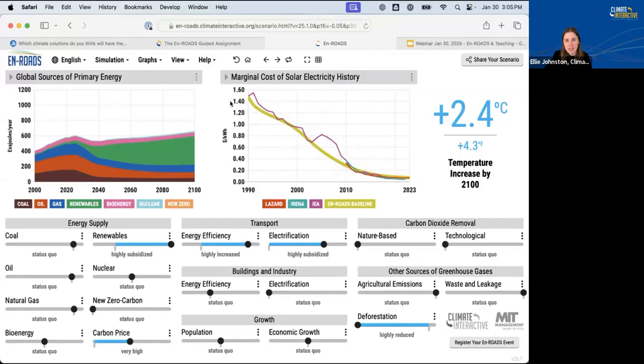But you can see the cost of solar electricity has plummeted, such that regardless of subsidies and things like that, it just makes sense to build this because financially, it's a good strategy. So stories like that give us indications of the possibility for really making the difference that's needed.